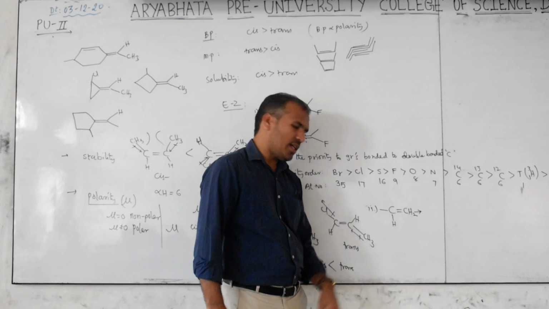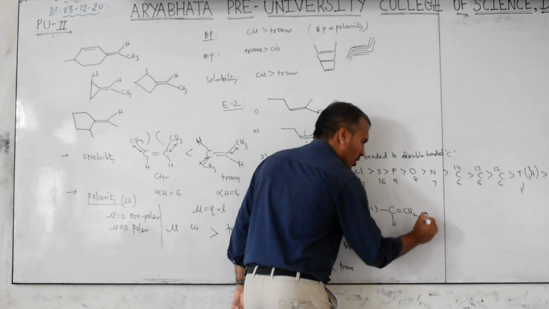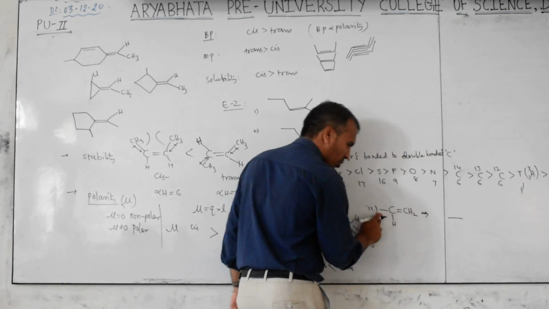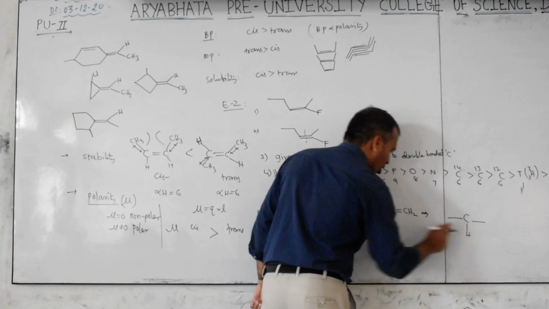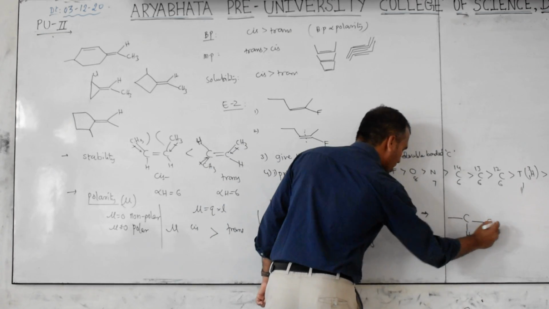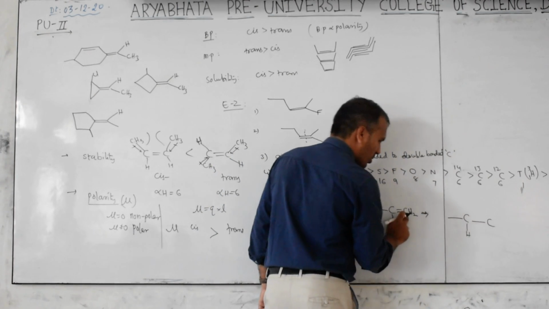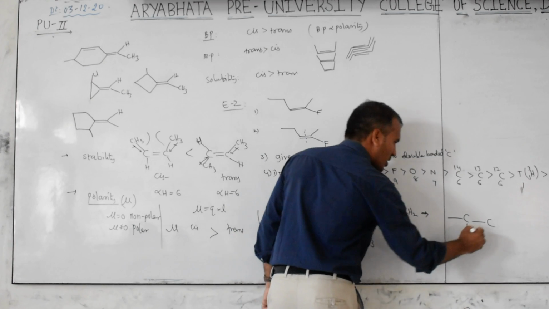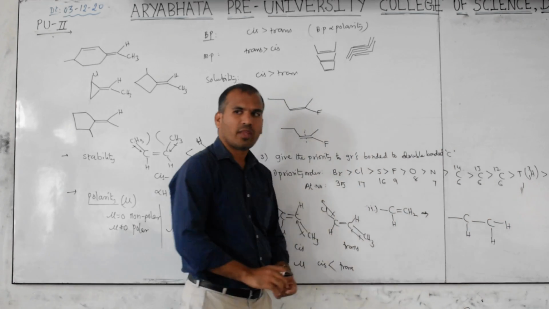CH double bond CH, if it is given, how to think about this? Assume bond, carbon, carbon, hydrogen, hydrogen. How many bonds are there here? 2 bonds. Then one bond only is represented. Next, what is it here? Carbon, carbon is here. How many hydrogens are there? 1, 2. Got the concept?